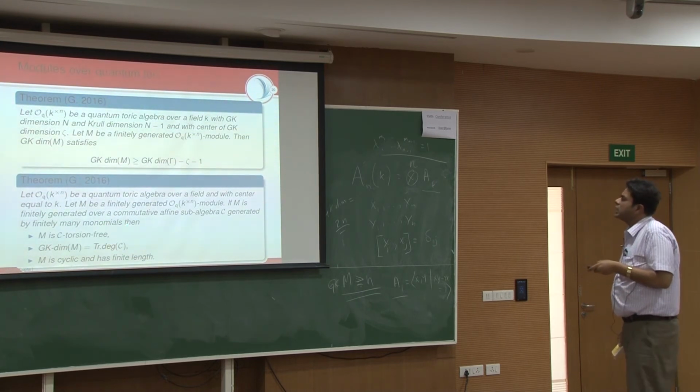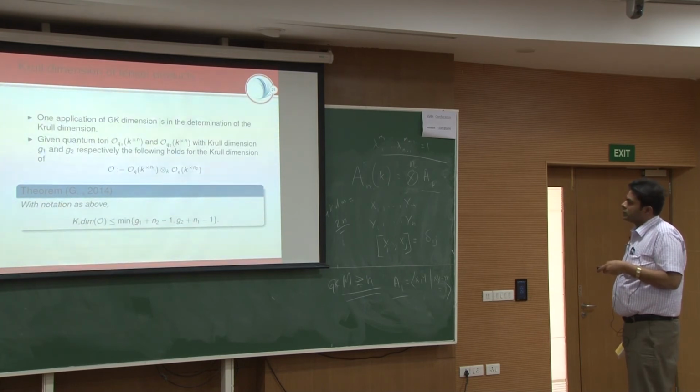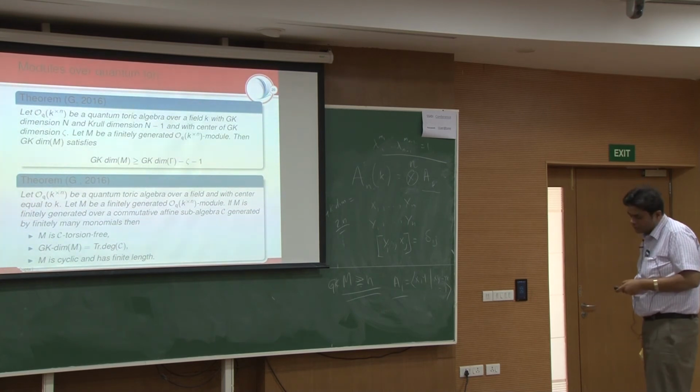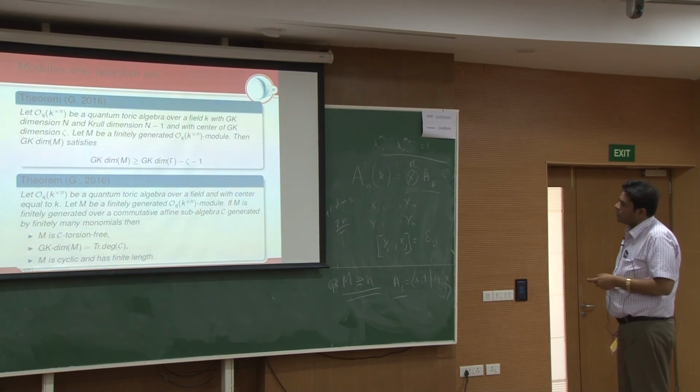There is another theorem that says that if a module over the quantum torus is finitely generated over a commutative affine subalgebra, then, and this is an open question, the commutative subalgebras of non-commutative algebras in general play an important role, and we don't know for the quantum torus whether a commutative subalgebra is always affine.